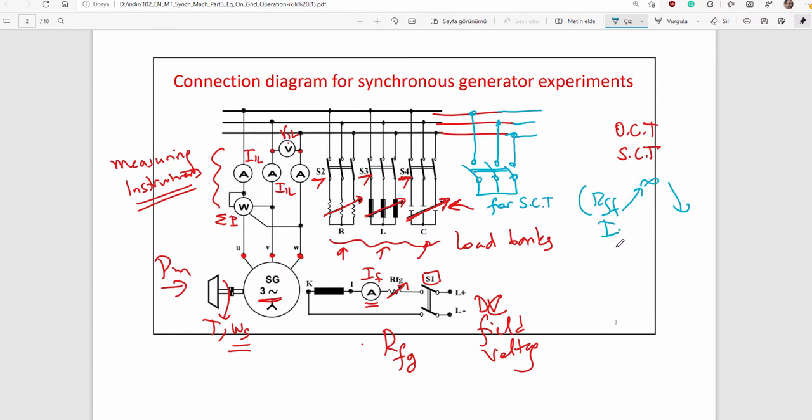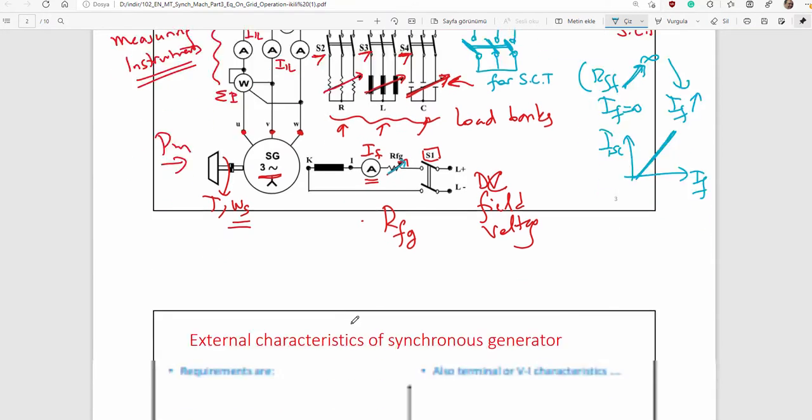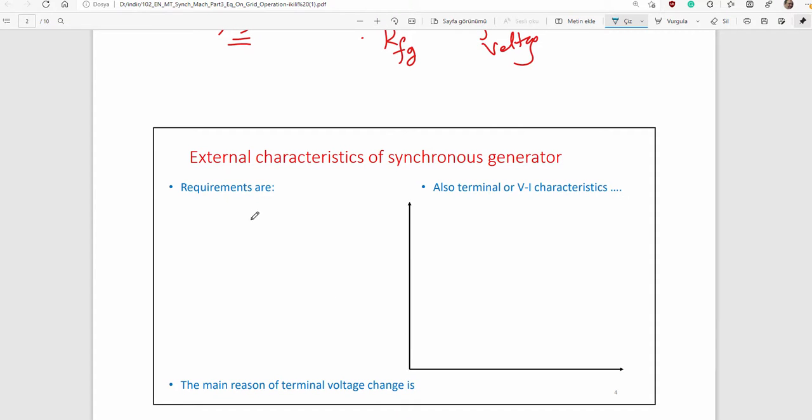In the beginning, field current must be 0, then switch on the short circuit switch, and then decrease the field rheostat and increase field current, and observe field current versus short circuit current. That is a straight line, short circuit characteristic.